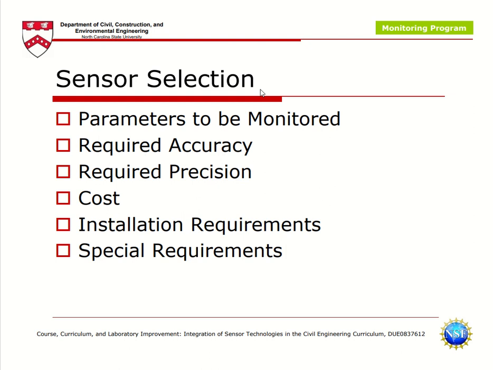And then the cost: how much budget do you have and how much you are willing to pay for that particular sensor. Just as I said in one of the previous classes, if I am buying a house for, say, 25 lakhs, and I am spending 20 lakhs on the interior, then maybe it is fine.